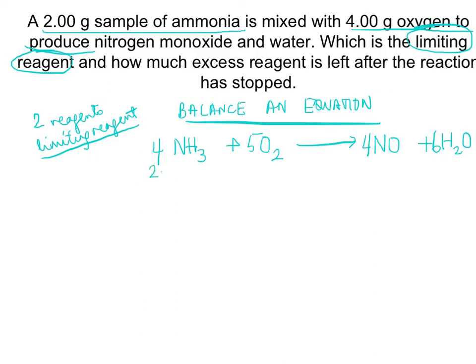Next we have 2 grams of ammonia. We also have 4 grams of oxygen. Let's review the definition of limiting reagent. It is the one that is exhausted in the reaction or used up in the reaction.